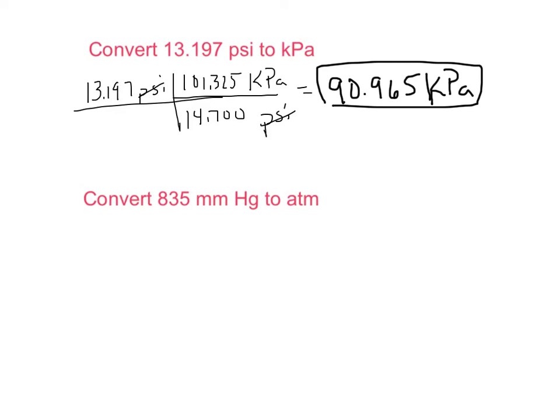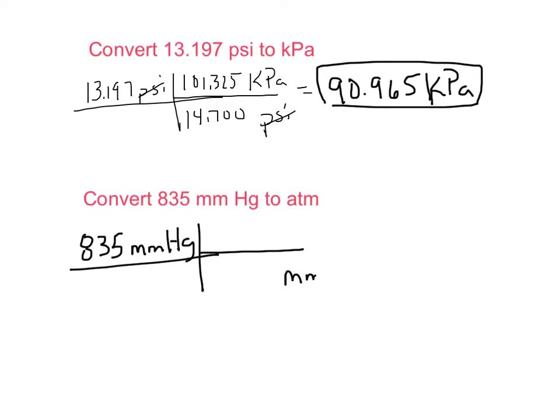The next one, 835 millimeters of mercury, we're converting that to atmospheres. So again, we start out with what we're given, 835 millimeters of mercury. And going down here, we're going to put millimeters of mercury, and up here, atmospheres. Our conversion factor chart says 760 for every one of these. Now that's exactly 1.000.